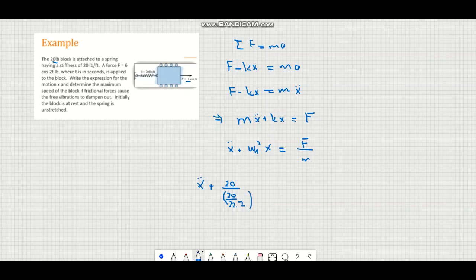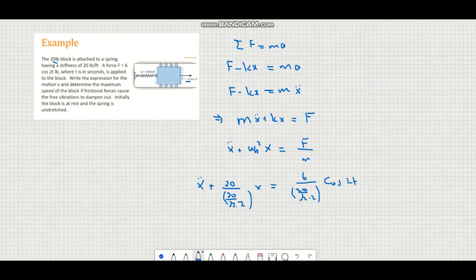This is for x, and the right side is going to be 6 over m, which is 20 over 32.2, times cosine 2t.